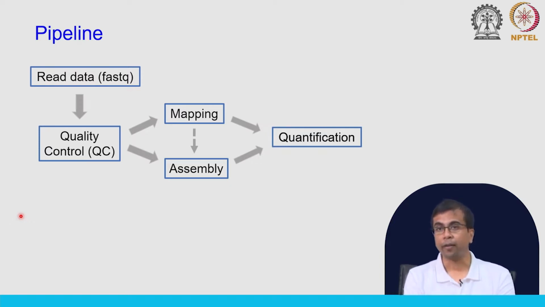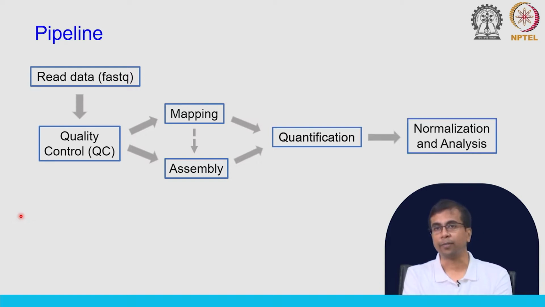Now, we have mentioned, right, there are a lot of biases that are introduced when you actually do these RNA sequencing experiments. Okay. And to address these biases, we need to do something called normalization, right. We will discuss these normalization methods again in the subsequent classes in much more detail. What it does is that it accounts for these technical variations and biases that are introduced during the sample preparation, handling and next generation sequencing.